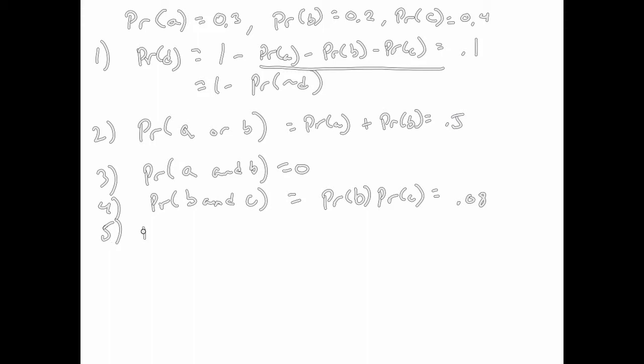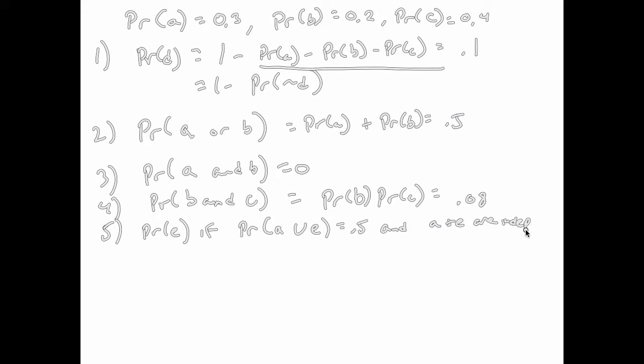Finally, find the probability of E, some new event E, if the probability of A union E, so it's A or E, equals 0.5, and A and E are independent.